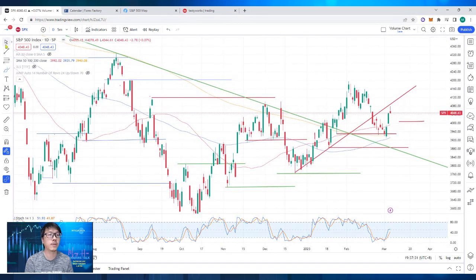And of course the lines which we have drawn, a couple of lines here. So this was the 1 year line which we always mention. Sorry, this was actually the resistance line, and possibly now it can become a support. But it did not even touch this level till now.